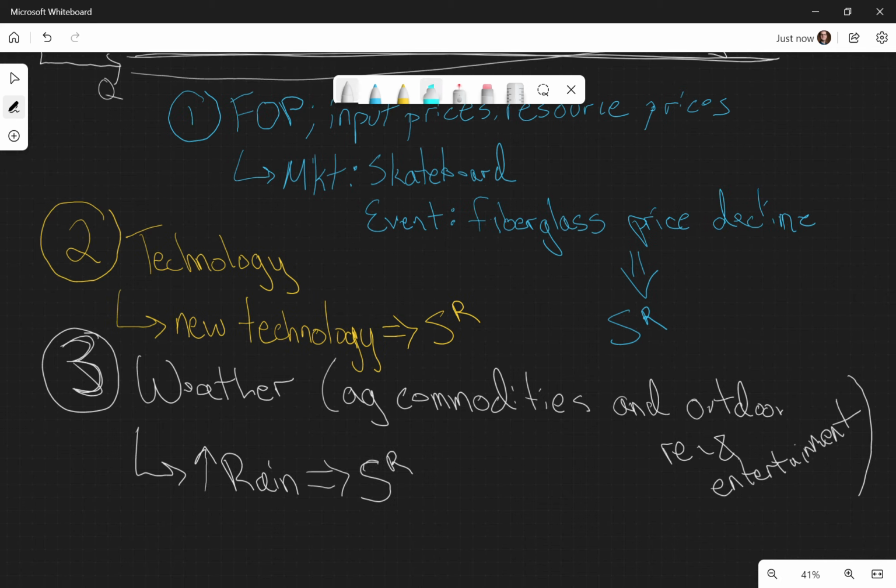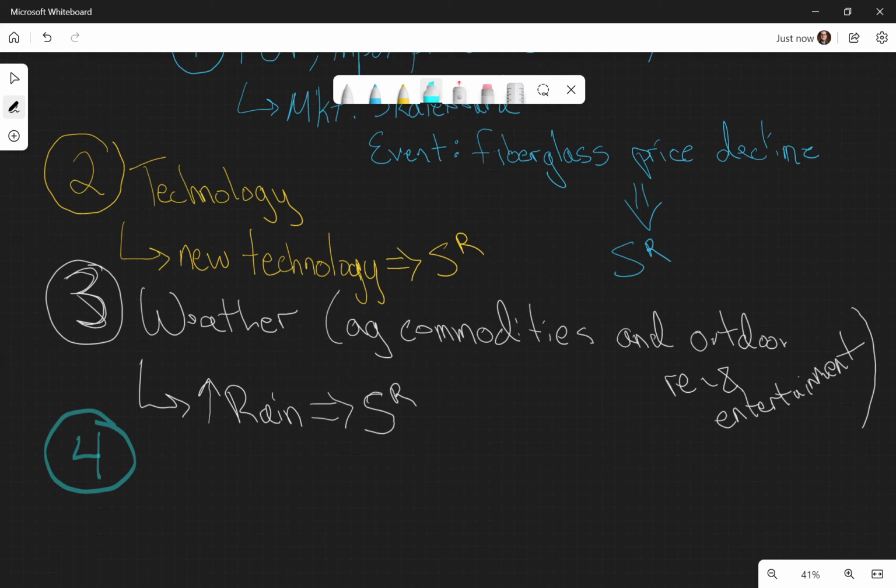Our fourth shifter in supply is kind of modeling. It's similar to the one that we had before for demand. We're going to talk about the number of sellers.